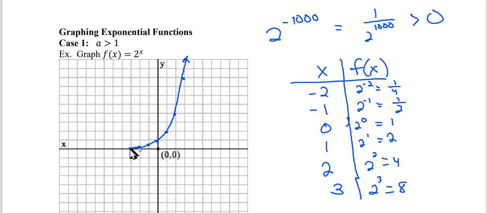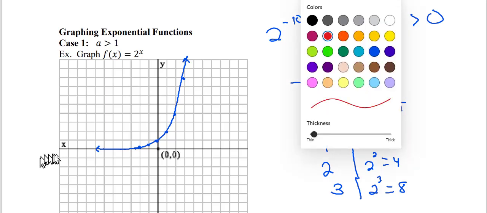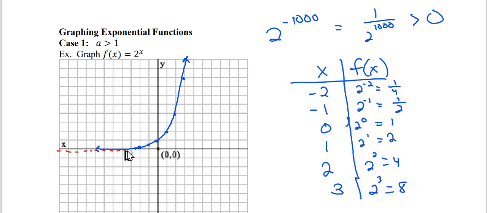So this function, these numbers do get tiny because the denominator gets bigger. It gets closer and closer to the x-axis, but never actually touches it, which makes the x-axis a horizontal asymptote at y equals 0.